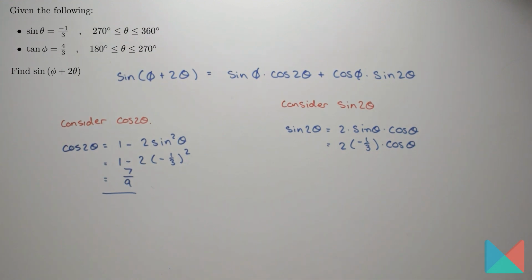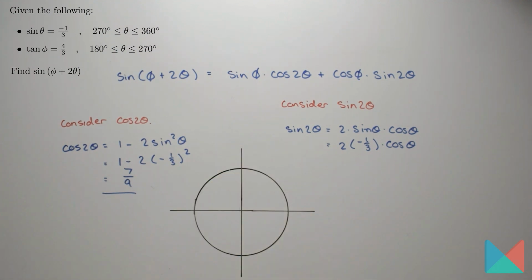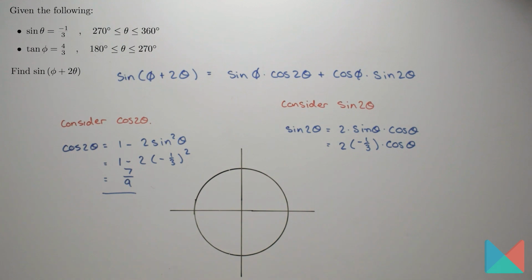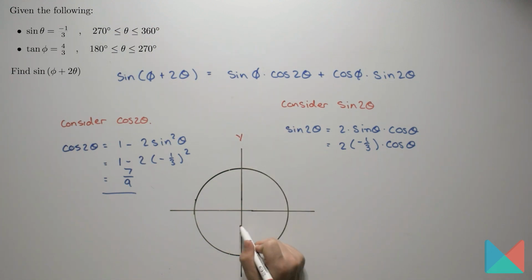And we can do that by drawing the unit circle. So we have the unit circle, and the aim here is to find the value of cos theta. And we know that sine theta is equal to -1/3. So let's label that on the unit circle. We know sine is read off the y-axis, and so -1/3 would be a value around here.